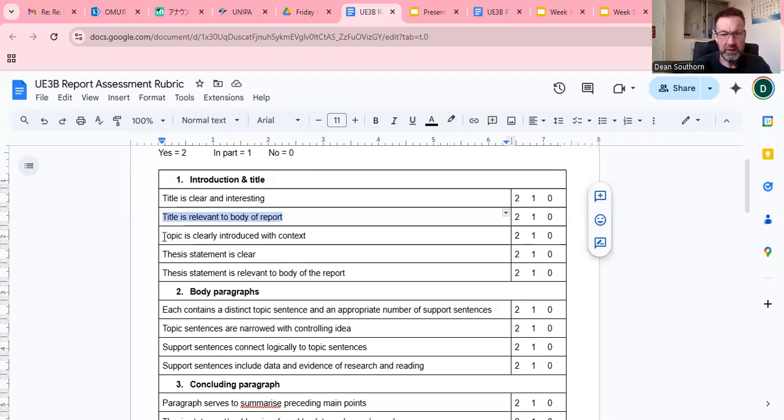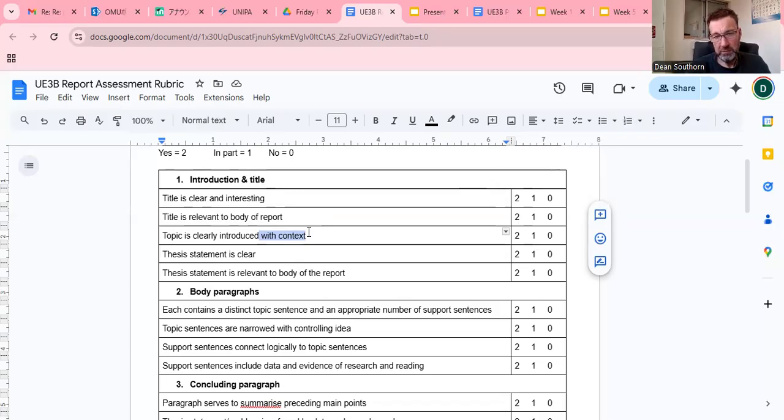Remember the functions of the introduction: introduce the topic, explain the size of the topic, and that's the context element of that score. Let's explain why it's a problem, and who it's a problem to. That might not always be clear.